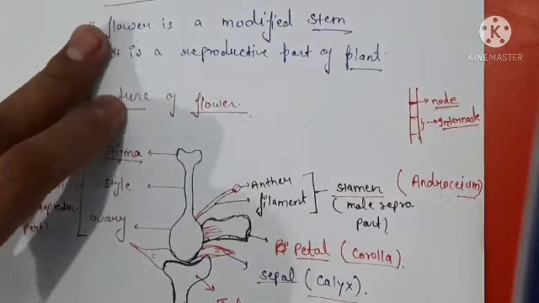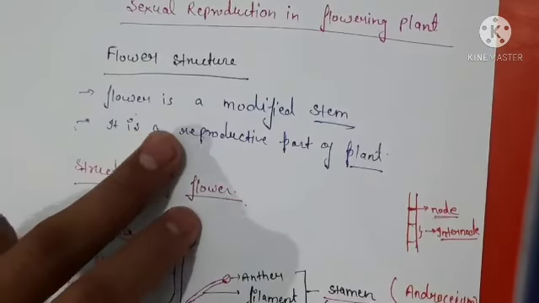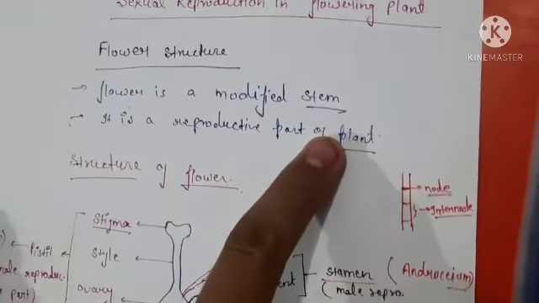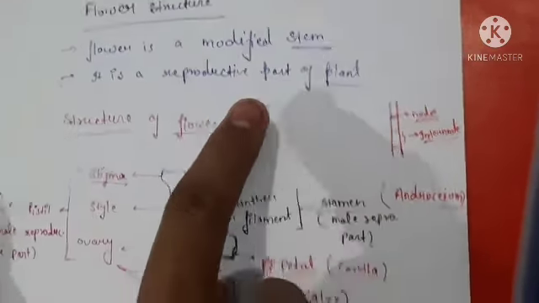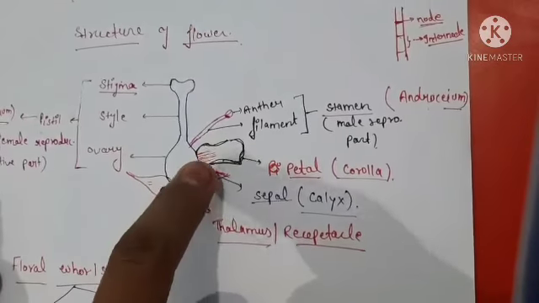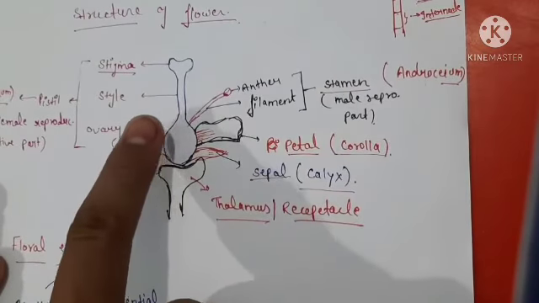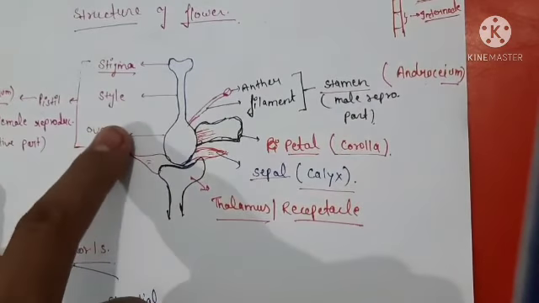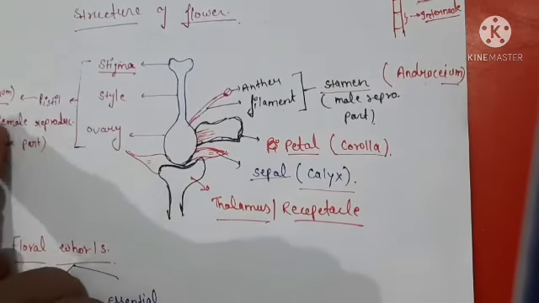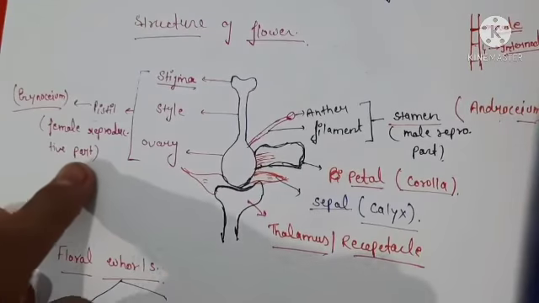So firstly, what is a flower? A flower is a modified stem. It is also a reproductive part of the plant. Now we discuss the structure. Stigma, style, ovary together are called pistil, and a group of pistils is called gynoecium. It is the female reproductive part.